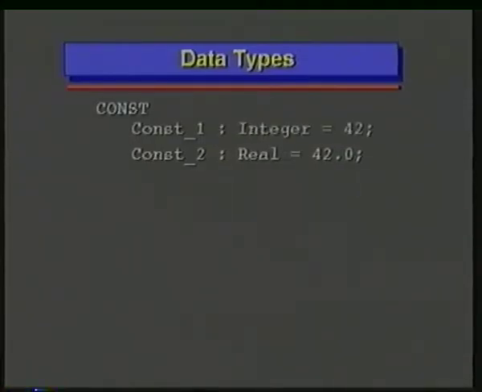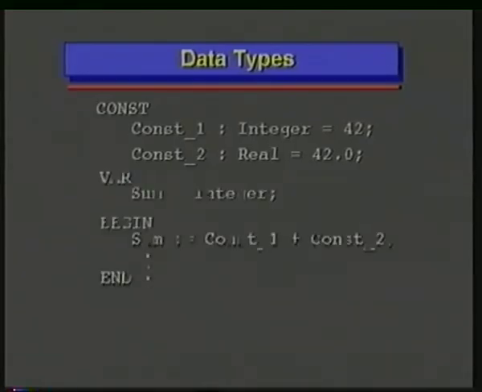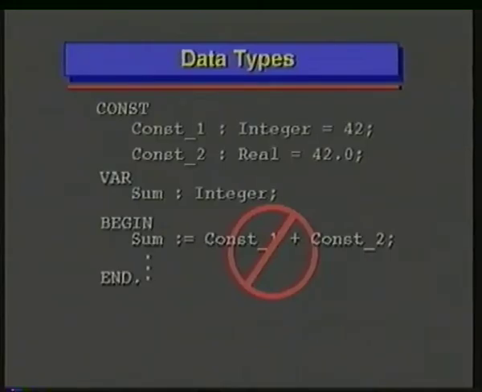To make sure that we're aware of the type of a constant, the best thing to do is explicitly declare the type, as we see here. Even if we explicitly declare the type, however, we could still run into a problem if we're not careful. For example, if we tried to compile our program with this code in it, a compiler error would result. To understand how the problem arises, we'll turn now to our discussion of data types and variables.